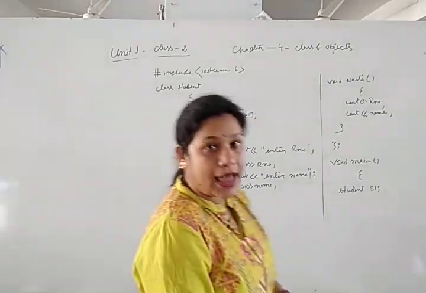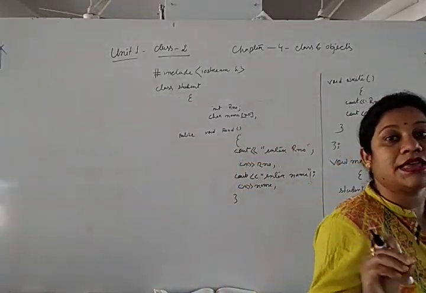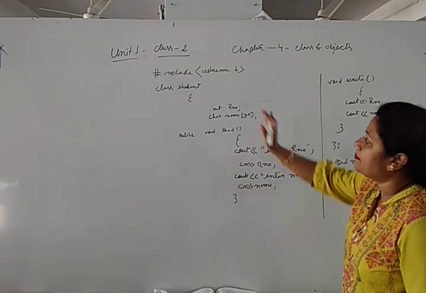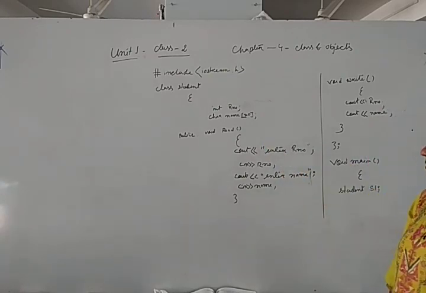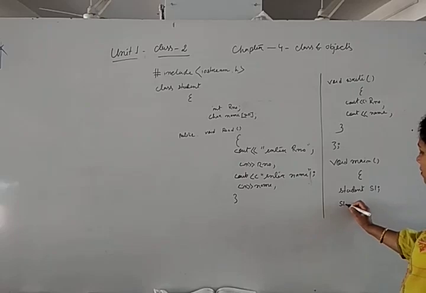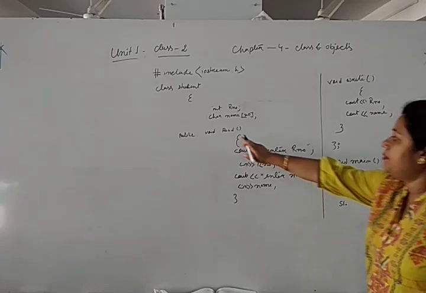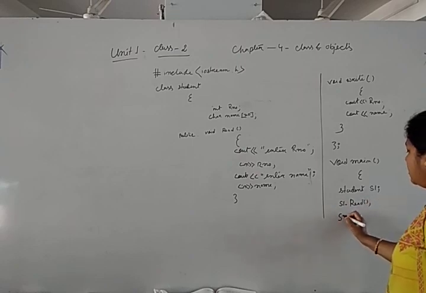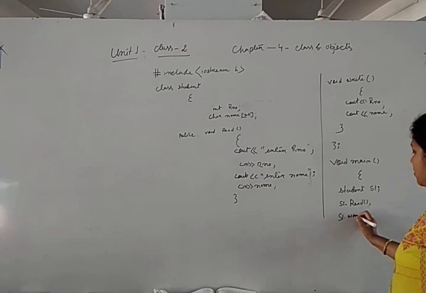So here I am using a special symbol that is known as the dot symbol to access the member function of the class. Okay, so here S1 dot read, S1 dot write.